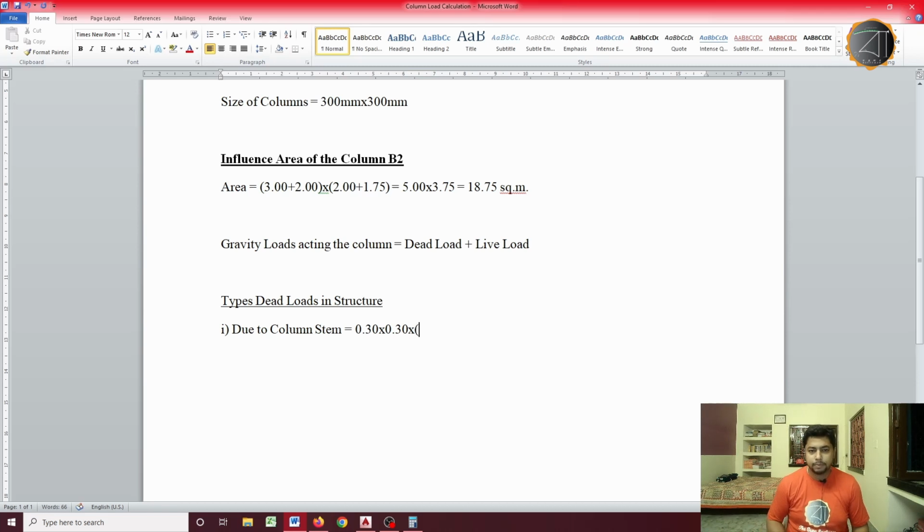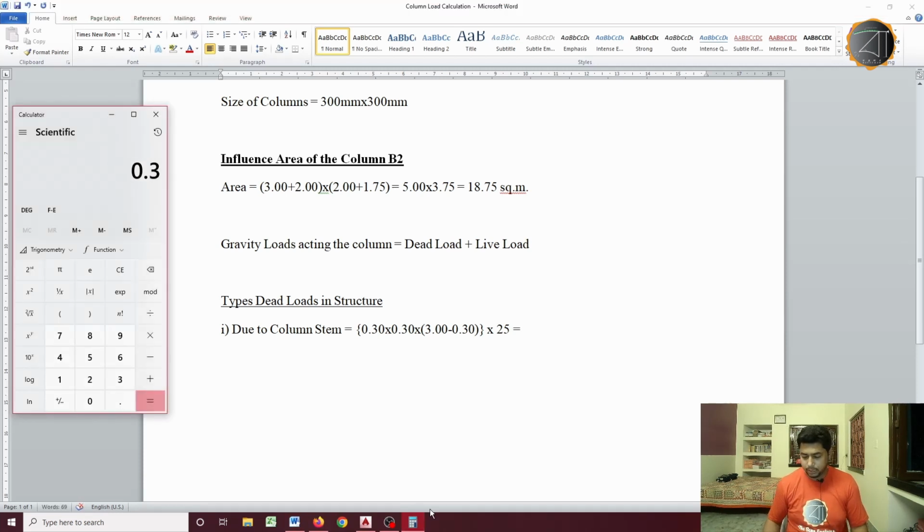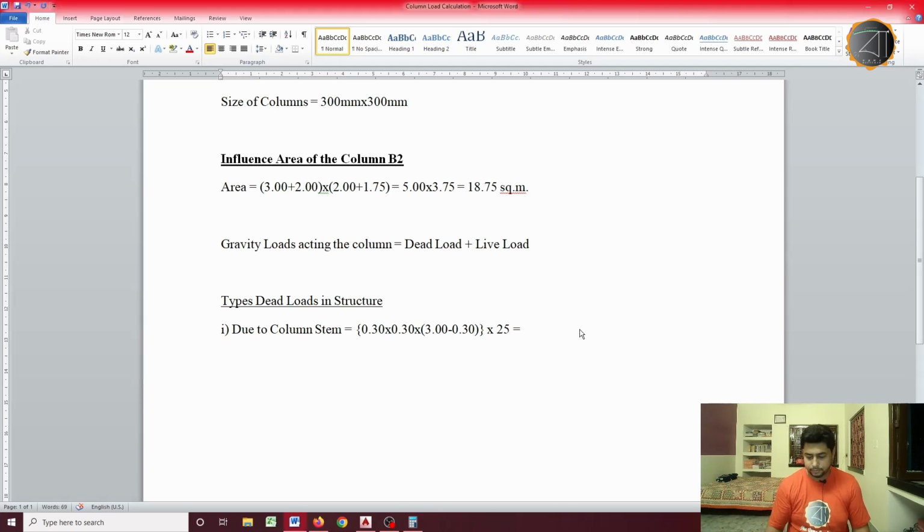So it will be 3 meter, that is the floor to floor height, minus total depth of the beam, that is 0.30, right, and we have to multiply it with density, that is 25 kilonewton per meter cube. So it will be coming to 0.3 into 0.3 into 2.7 into 25, 6.075 kilonewton.